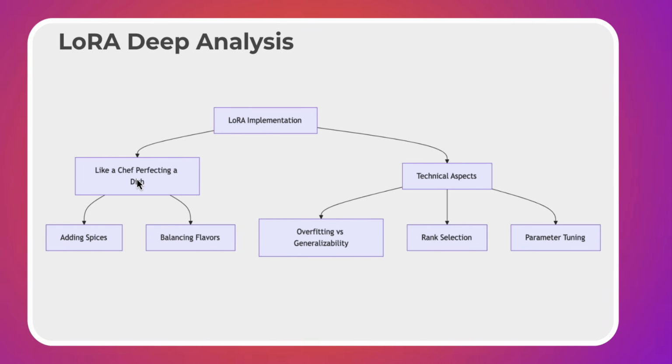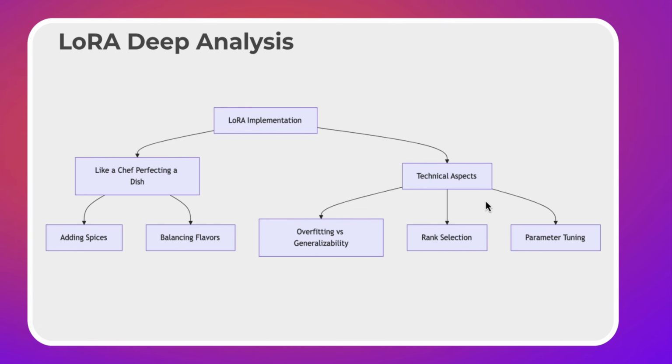So he has a base recipe, which is the pre-trained model, like a classic dish that's already good. And he would have spices, which in this case would be the LoRA parameters, which are small additions that significantly change the flavor. So balancing flavors and adding spices. Okay, so this will be a kitchen analogy.